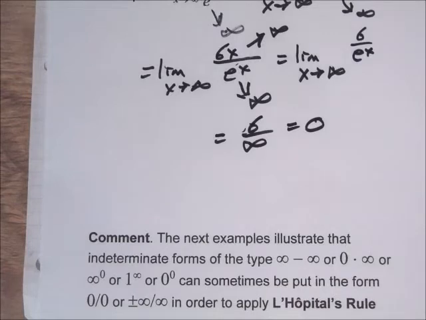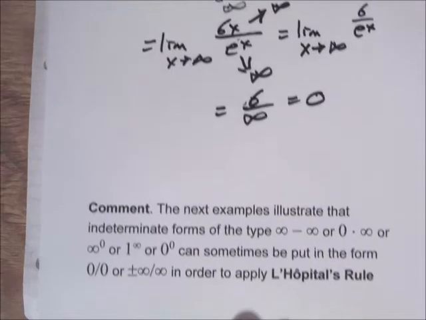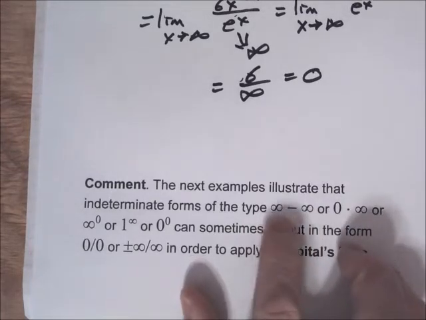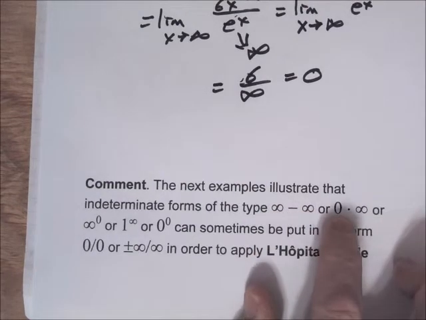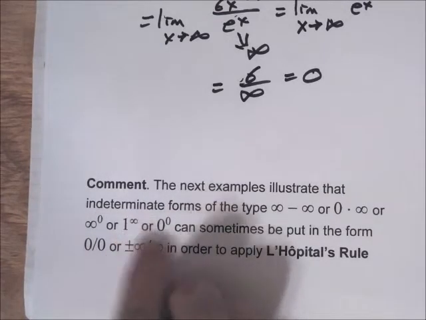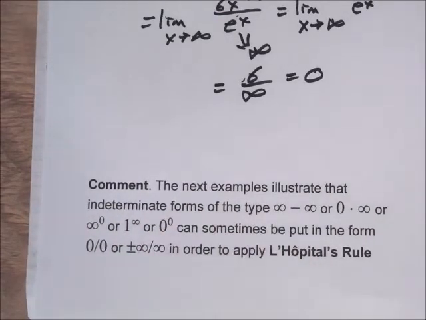So you can apply L'Hopital's rule repeatedly. Now, there are other indeterminate forms other than 0 over 0 or infinity over infinity: infinity minus infinity, 0 times infinity, infinity to the 0 power, 1 to the infinity power, or 0 to the 0 power.